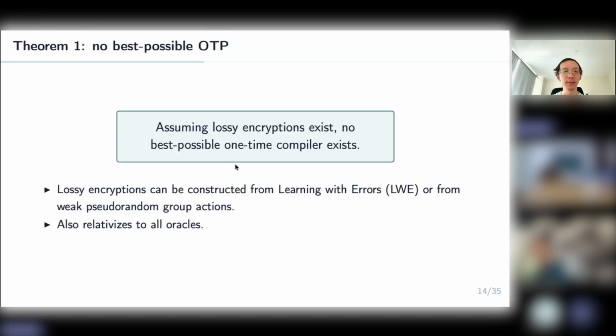Okay, so moving on, let me show you our first result, which rules out best possible one-time programs. Formally... Sorry, but are you going to give a formal definition of best possible one-time program later?